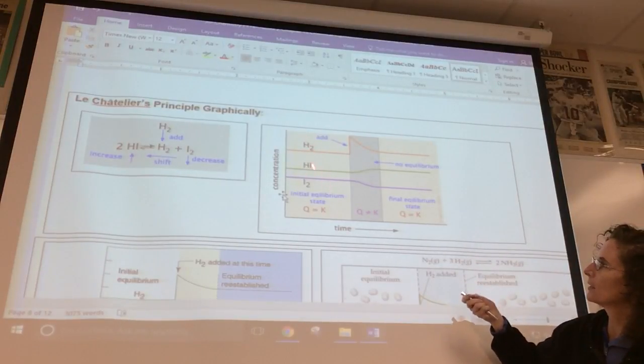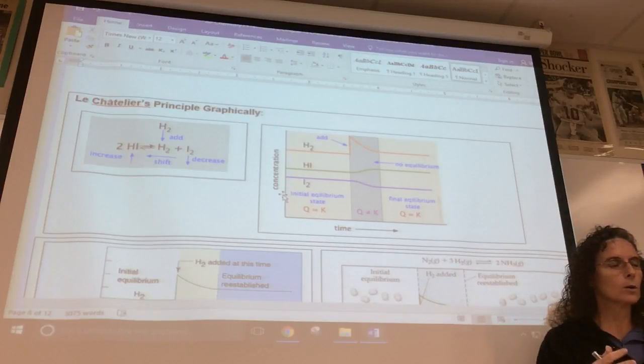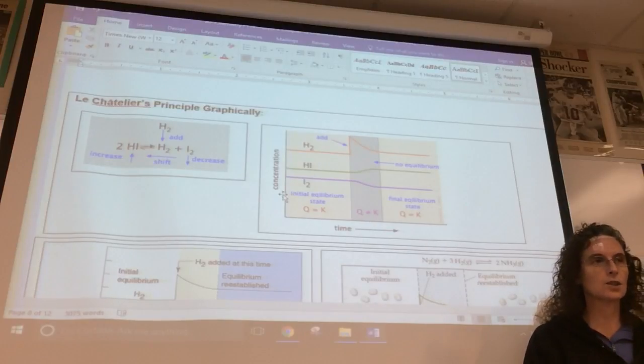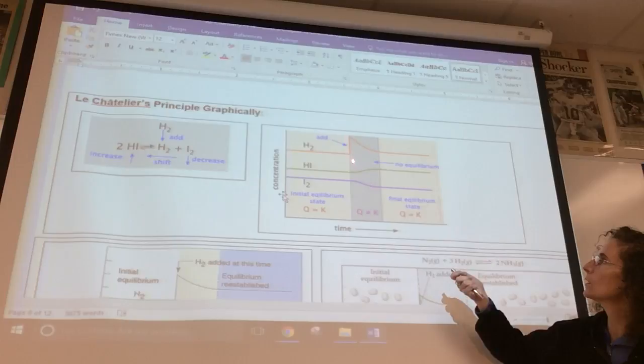Here you've got an equilibrium state where Q and K are equal. And what I love about that Pogil packet is that it really delved into Q more. We'll be touching upon Q a little bit more today. Now you add, hence the vertical line right here, the hydrogen gas.